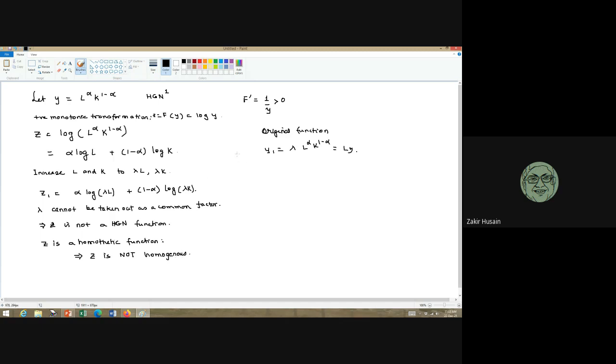Okay. Let us look at the second property. Let us look at the expansion path. What is the expansion path of the original production function? Sorry, the A should not be over there.